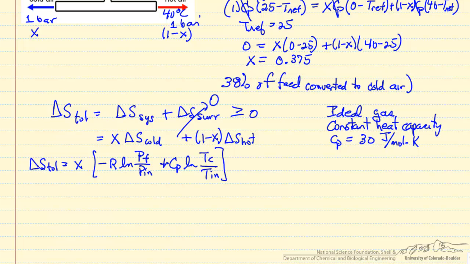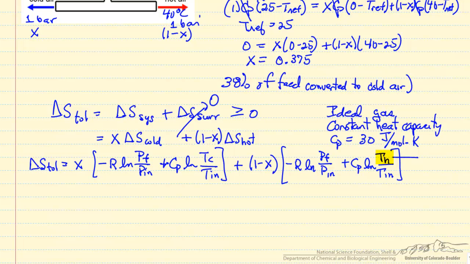Keep in mind these are absolute temperatures. And then the exact same term for the hot air, except we have 1 minus x moles. So this term looks the same, except this is the hot temperature instead of the cold temperature.